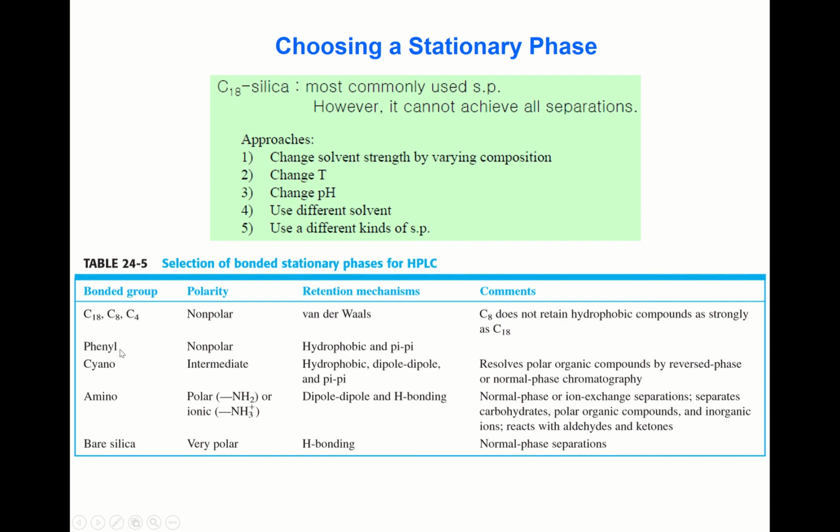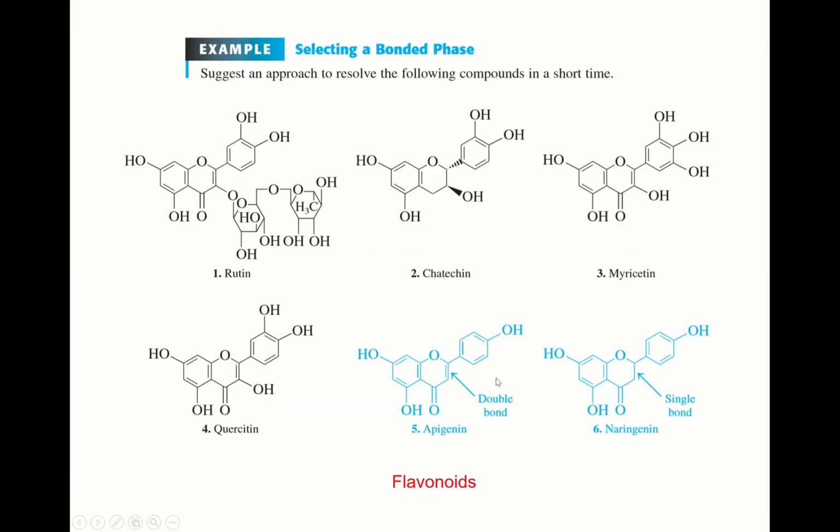This stationary phase has pi interactions working there, so it is good for separating compounds 5 and 6.